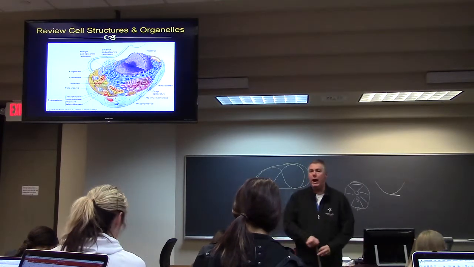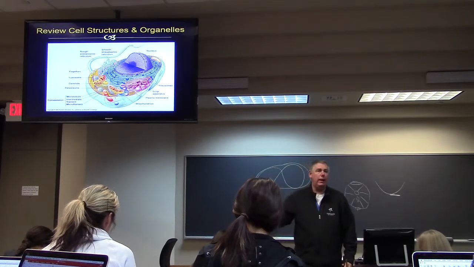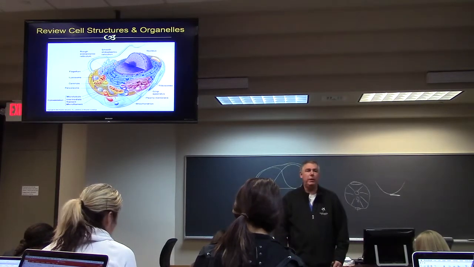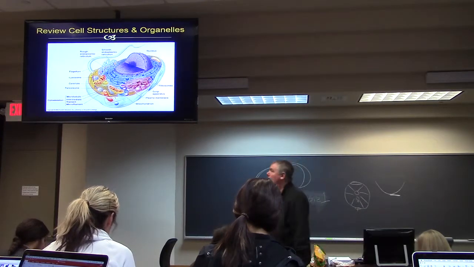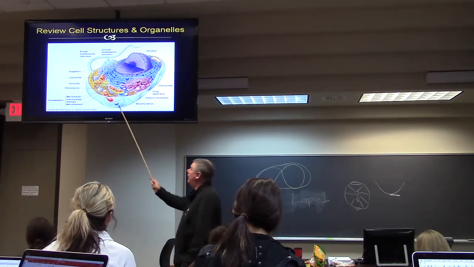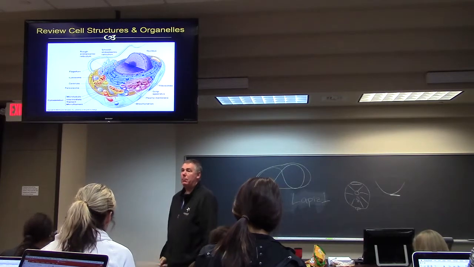All of these things are derived from cholesterol, and it's the smooth endoplasmic reticulum that does part of that work. The other part of that work comes from enzymes on the membranes of the mitochondria.